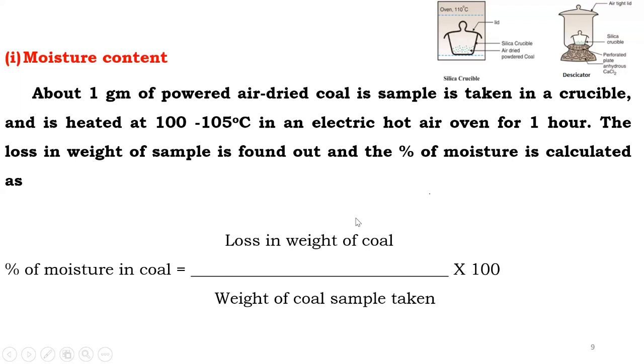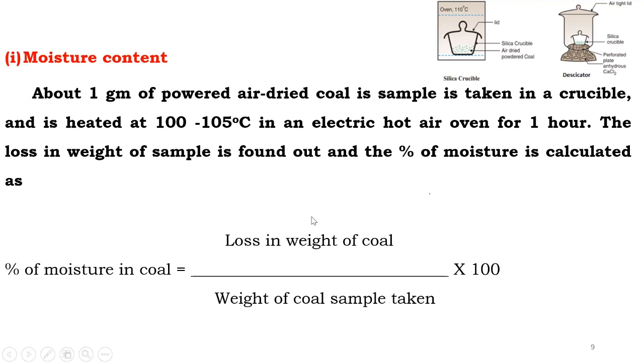First we take 1 gram of coal sample and take its weight, that is W1. Then the 1 gram of coal sample is kept in a hot air oven at 100 to 105 degrees centigrade for 1 hour. After 1 hour, you take it from the hot air oven and weigh it, that is W2. If the weight decreases to 0.8, the loss in weight of the coal is 0.2.